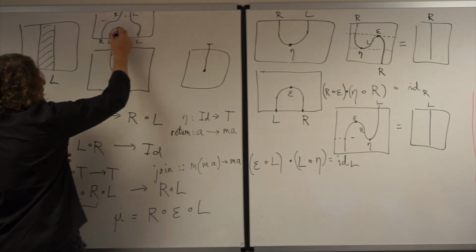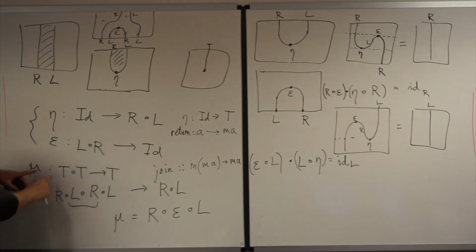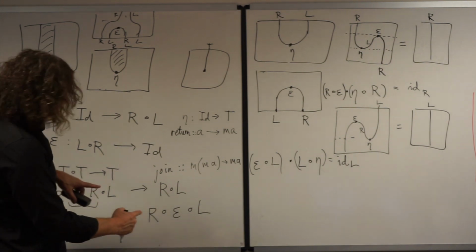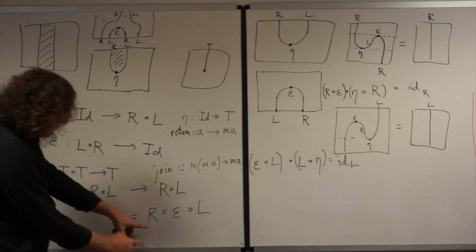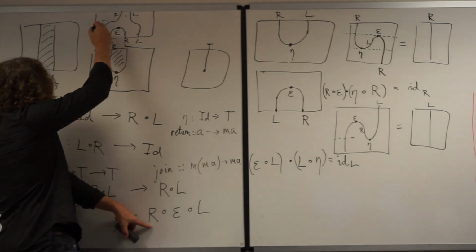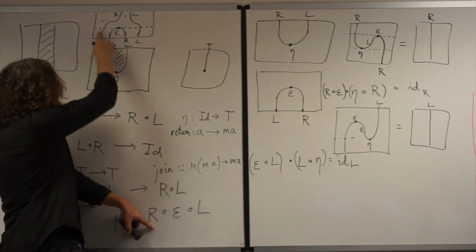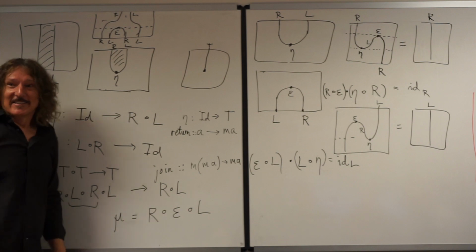Well, we'll put epsilon here, and this is exactly what our mu is. Mu at this level is R after epsilon after L, right?